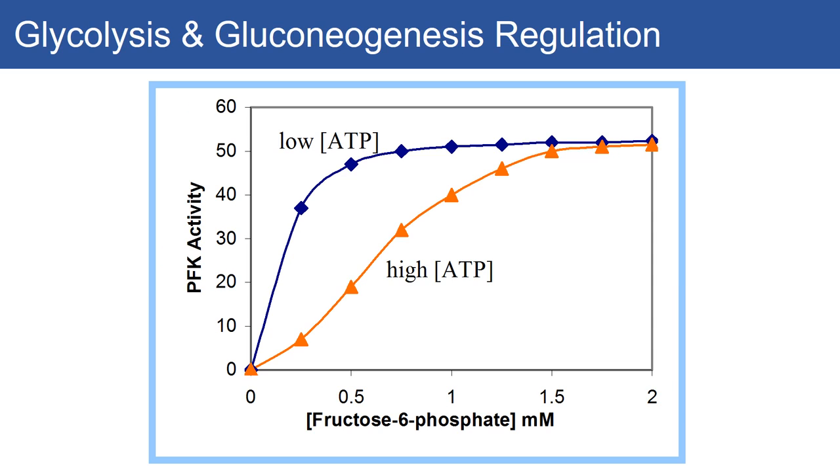If we have an allosteric regulator, fructose 2,6 bisphosphate also has a similar effect to low ATP, and you can see that the relaxed state is activated again in that situation when the ATP is high.